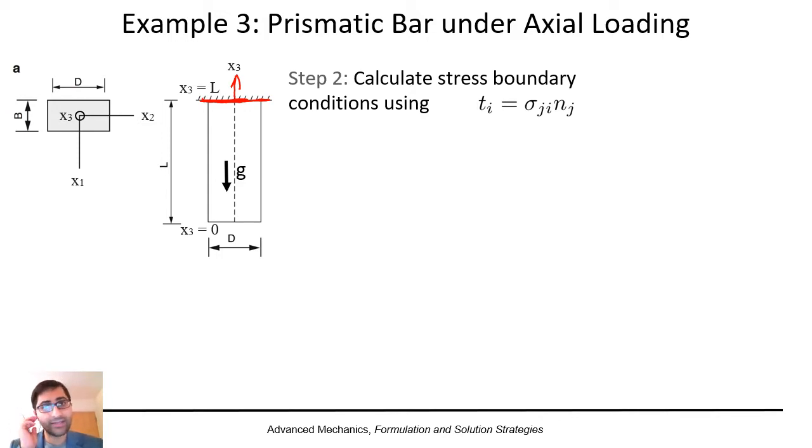If we assume that the density of the bar is gamma, we can say that at x3 equal to L, we have a traction equal to gamma L multiplied by the area, which is BD, again divided by the area.